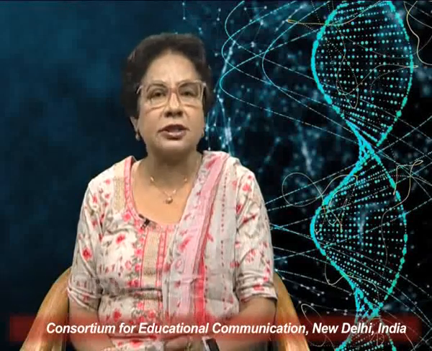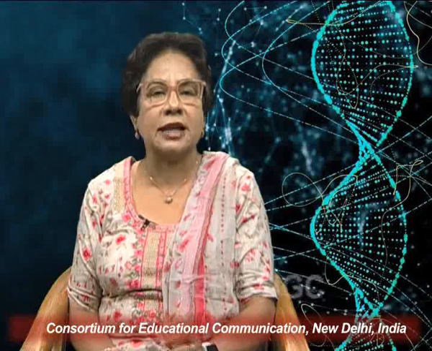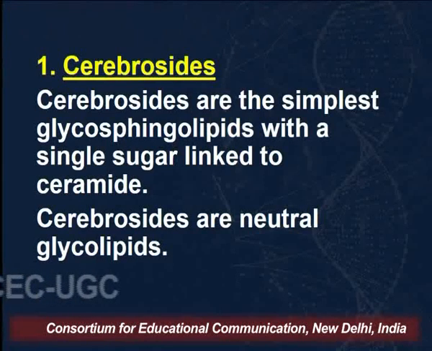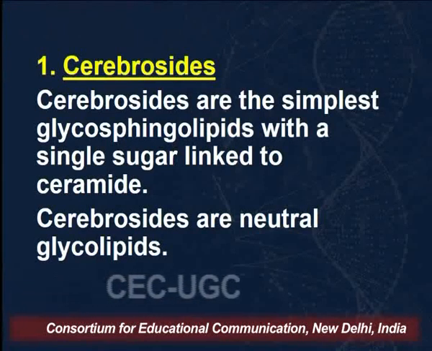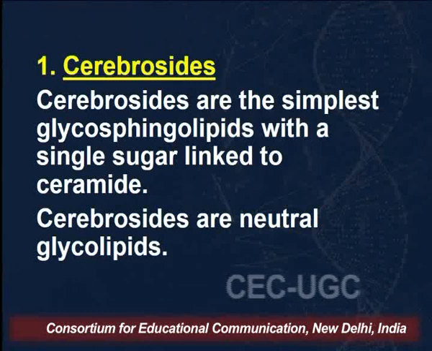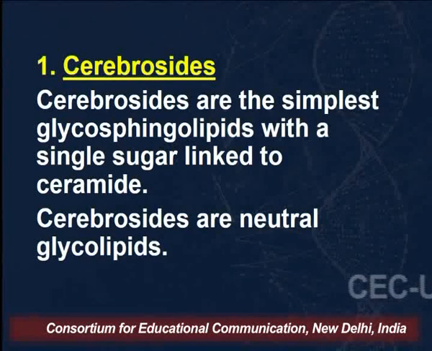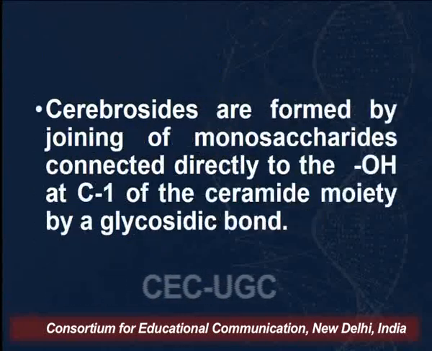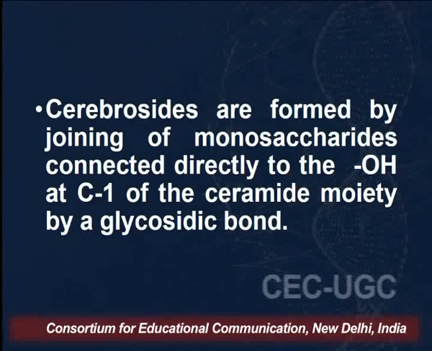The first example or the first category of this group is cerebrosides. Cerebrosides are the simplest glycosphingolipids with a single sugar linked to a ceramide. And as I've already said, cerebrosides are neutral glycolipids. How are they formed?